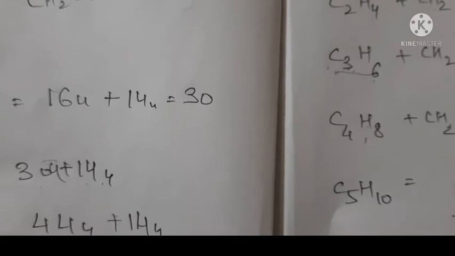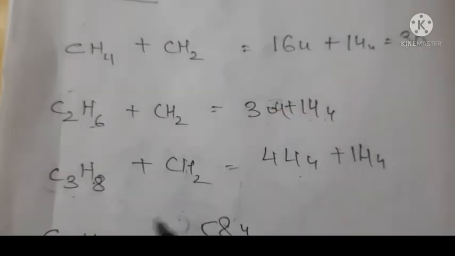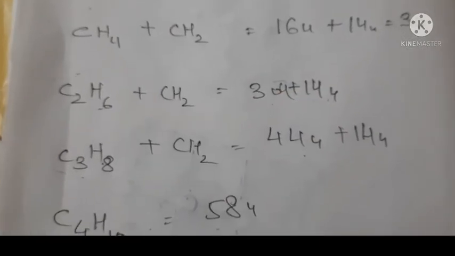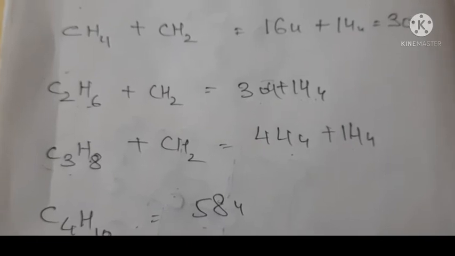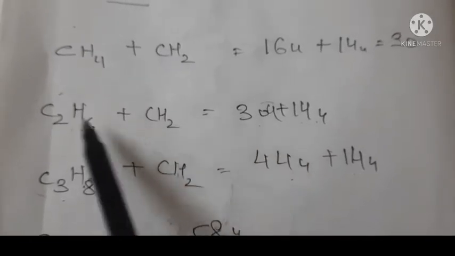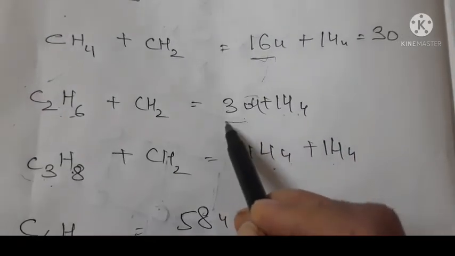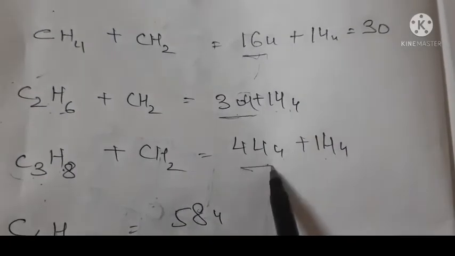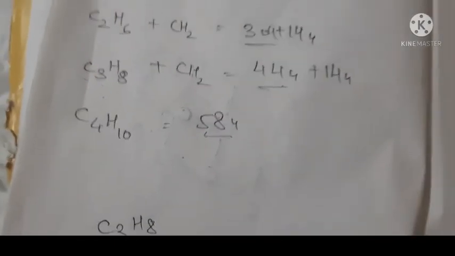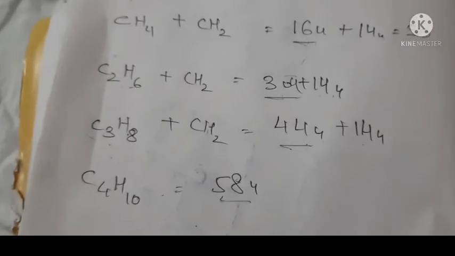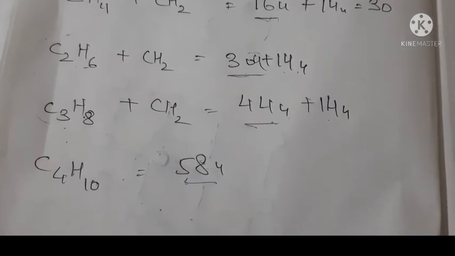CH2 group only. Now here you will see, as in the successive hydrocarbons, as the number of hydrogen and carbon atoms increases, the molecular weight also increases. You can see here the weight of methane is 16 units, here the weight of ethane is 30 units, 44 units, here it is 58 units. Why? Because here it is increased by the CH2 group. So the weight of the hydrocarbons is increasing.